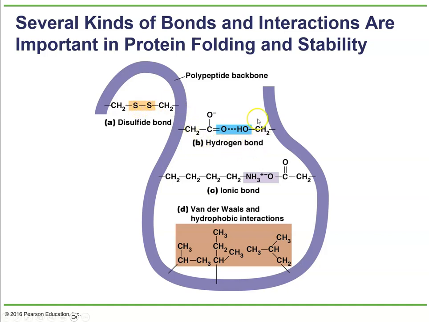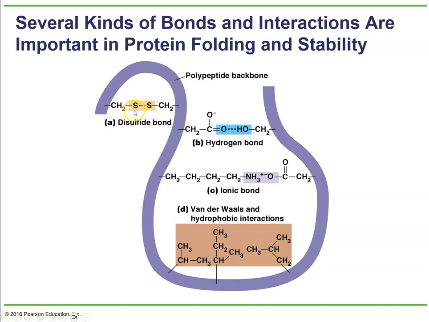We also have hydrogen bonding. So we can have bonds where hydrogen is attached to a more electronegative element, and that would be nitrogen or oxygen, for example. Typically, those are the only two that you'd see.